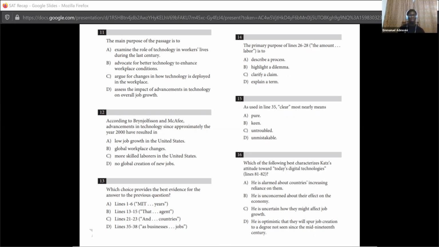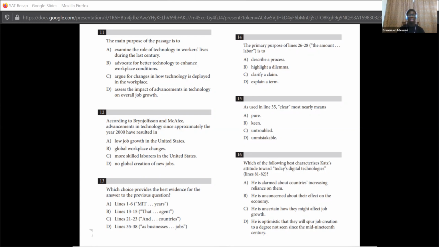Like I mentioned in the explanation, that was in the first paragraph. So naturally, that would probably be either A or B. And you could use process of elimination to get rid of those if you weren't sure. But yeah, the correct answer for 13 is A.